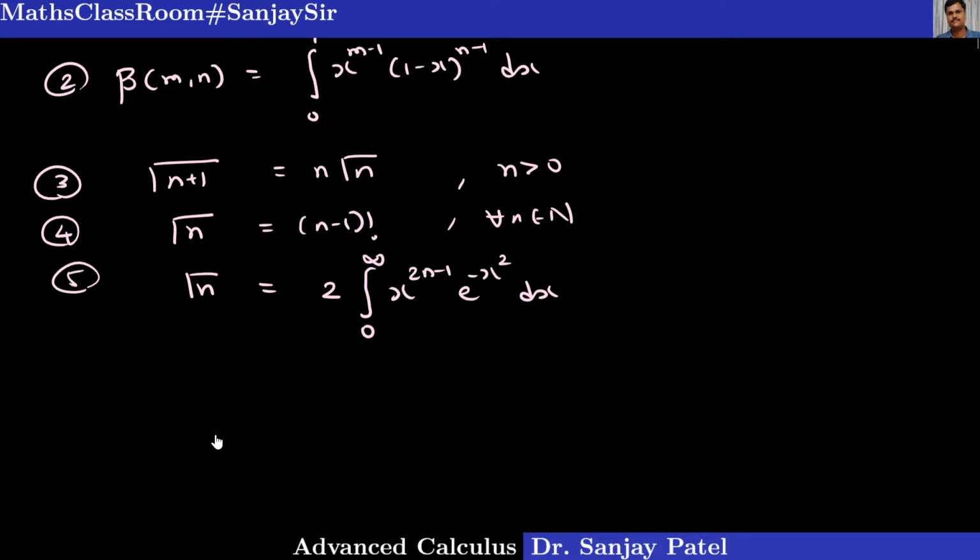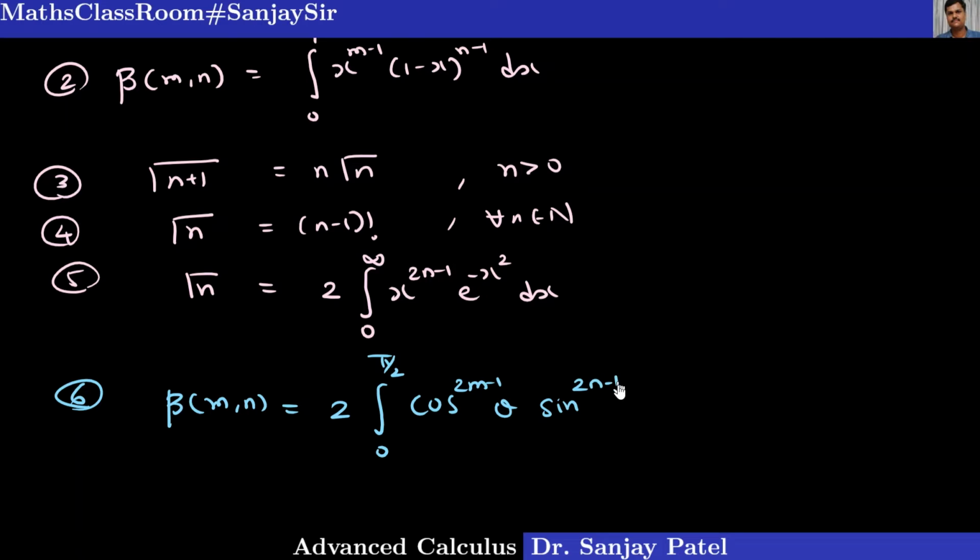We also have some more results. Let me write a few results about the beta function as well. We know that beta m comma n can be written as 2 times the integral from 0 to pi by 2 of cos raised to 2m minus 1 theta into sin raised to 2n minus 1 theta d theta.